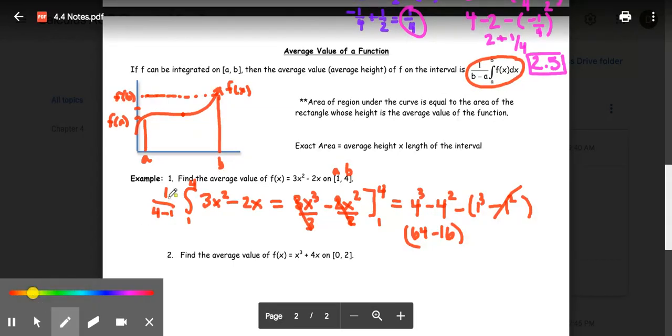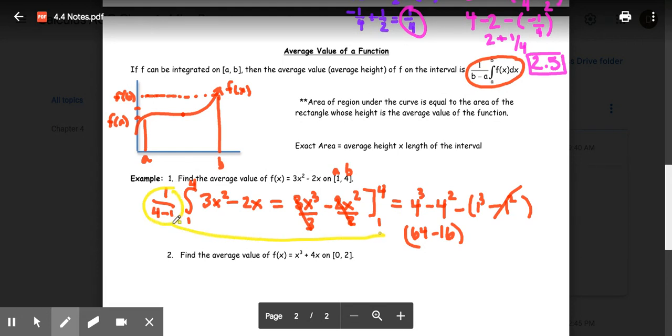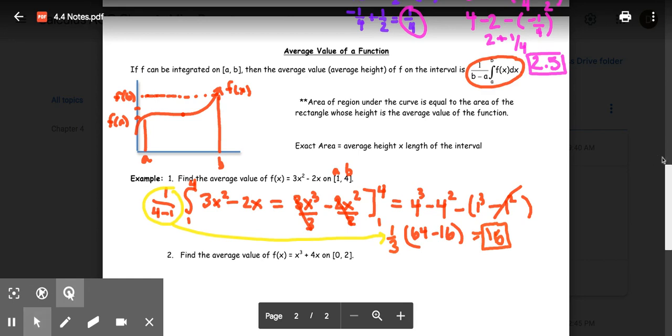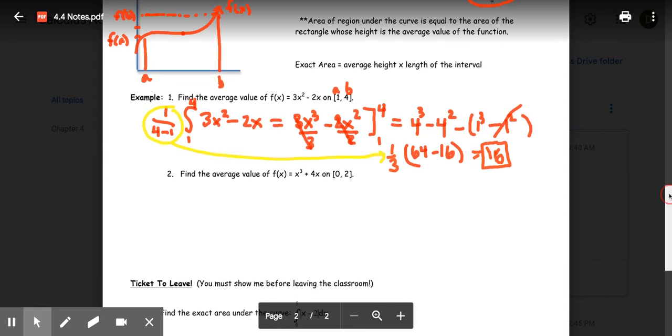So don't forget, you're taking this, and you're multiplying that out in front. So that is times 1/3. And this ends up being 48 times 1/3 is 16. So your average height or average y value in this interval is 16. That's what that is saying there. Okay.